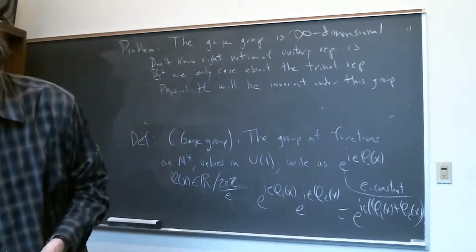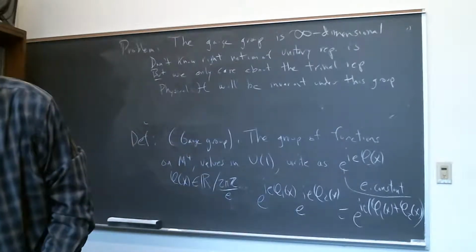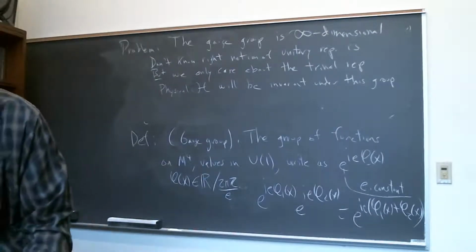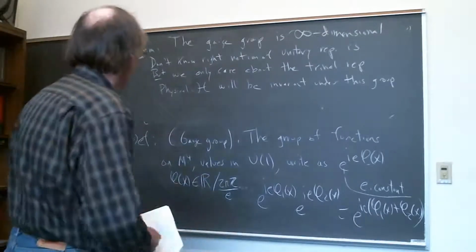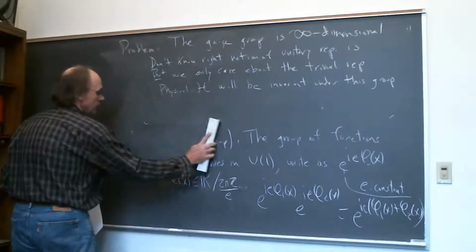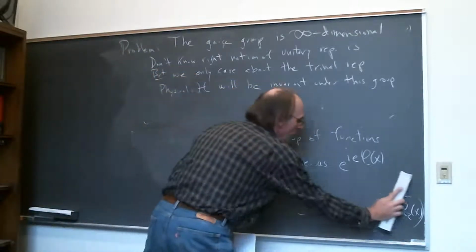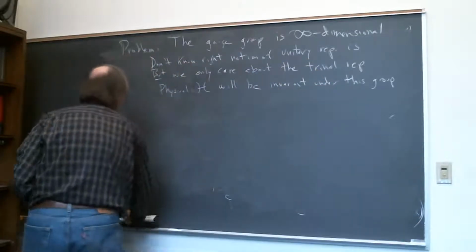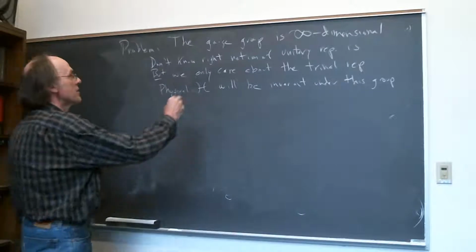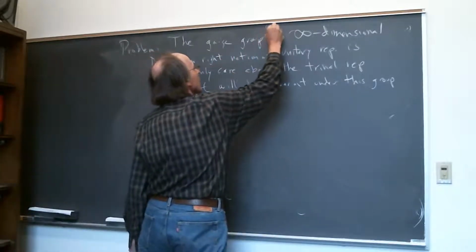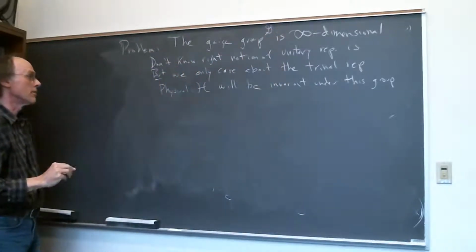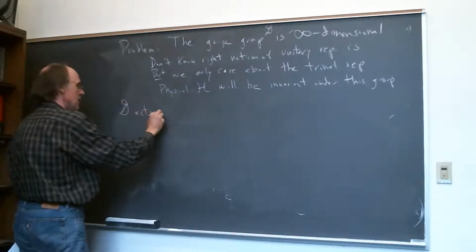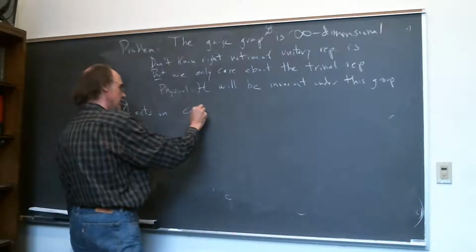Okay, so now what are we going to do? I'll give this group a name. I sometimes call it curly G. So curly G acts on complex fields.